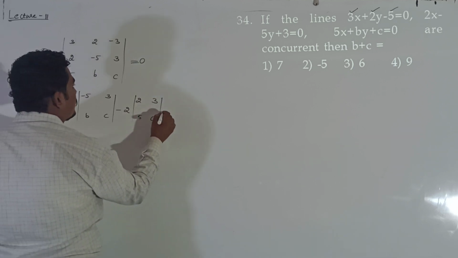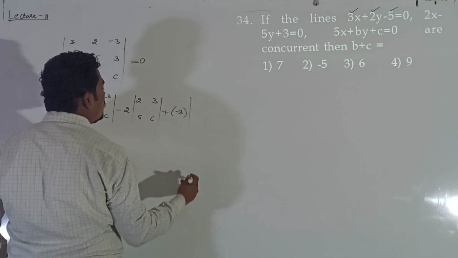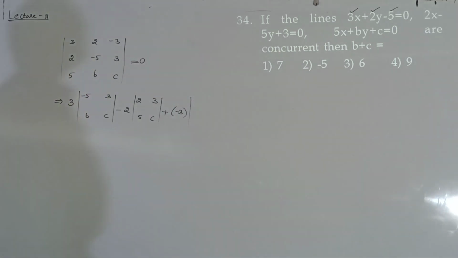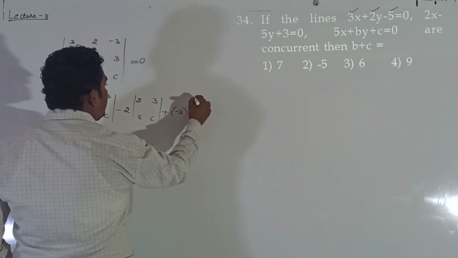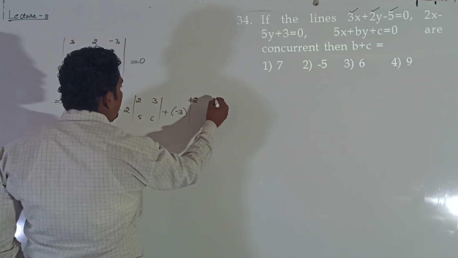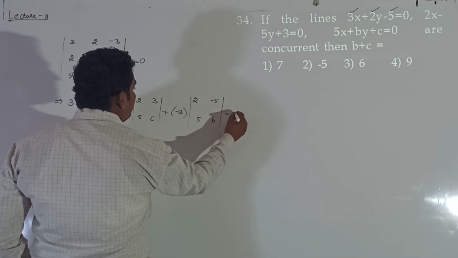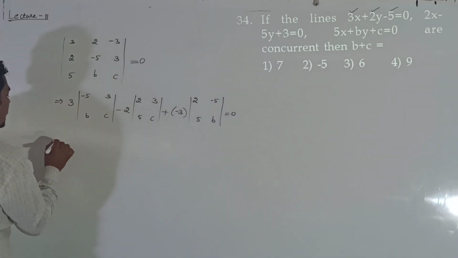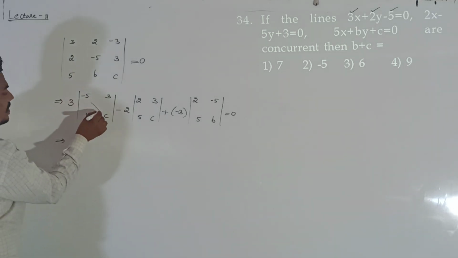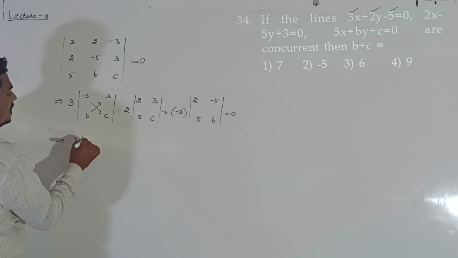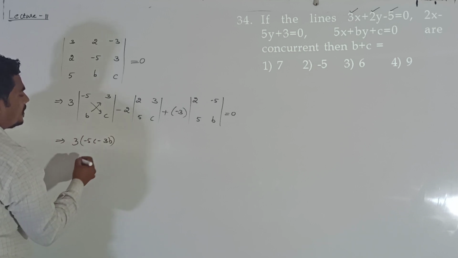Next, usual sign positive, element minus 5 into the determinant obtained by deleting first row and third column, then the remaining determinant elements 2, minus 5, 5, b, equal to 0. Now the usual expansion: 3 into product of diagonal elements minus non-diagonal elements, minus 5c minus 3b.